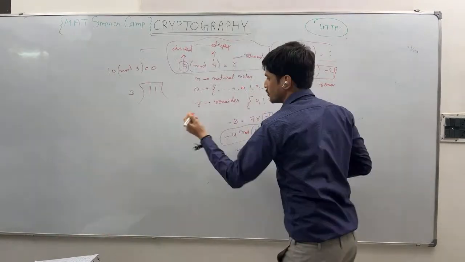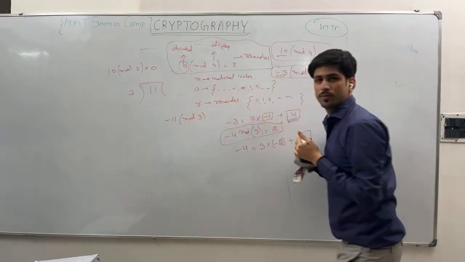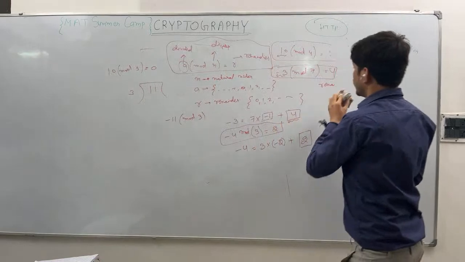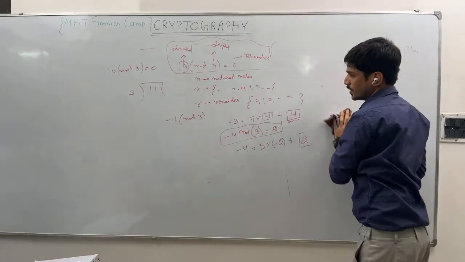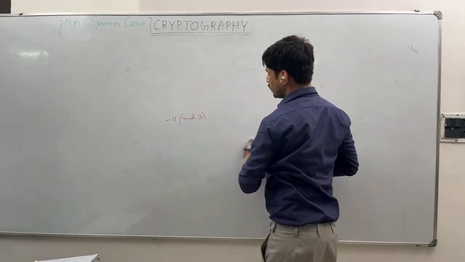Okay, last one, try this one. Negative 11 mod 3. All of you try. What should be the answer?